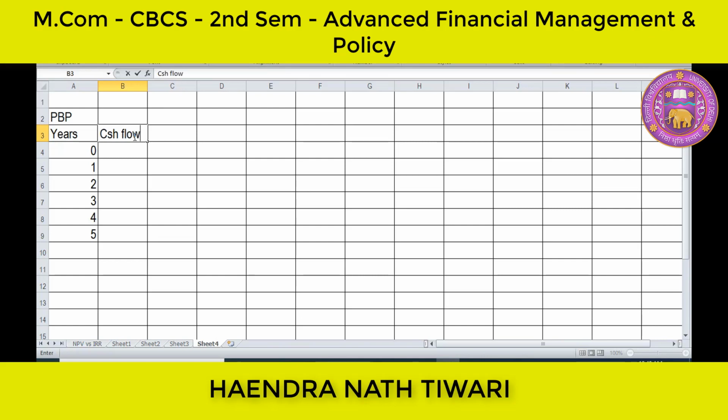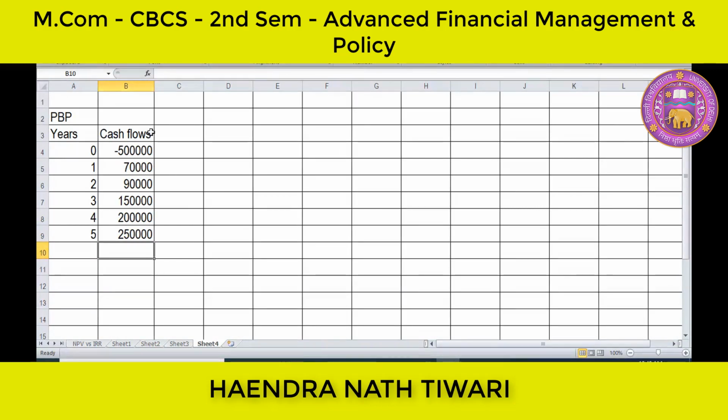Cash flows: minus 5 lakhs. That's the cash outflow. If I write a negative sign with any cash, that means it is a cash outflow. A positive sign means it is a cash inflow, with cash inflows of 70,000, 90,000, 1,50,000, 2 lakhs, and 2,50,000.